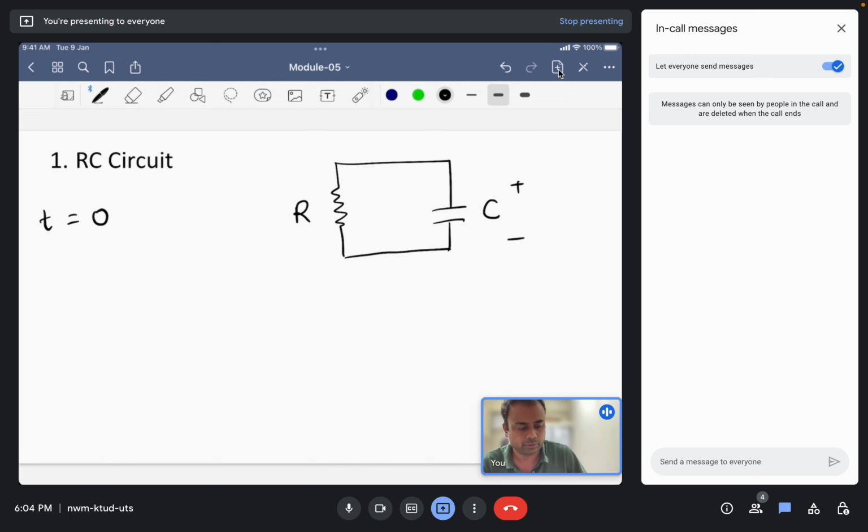Let us suppose the voltage on the capacitor is V0, so the voltage drop across the capacitor is V0 at time t equals 0.